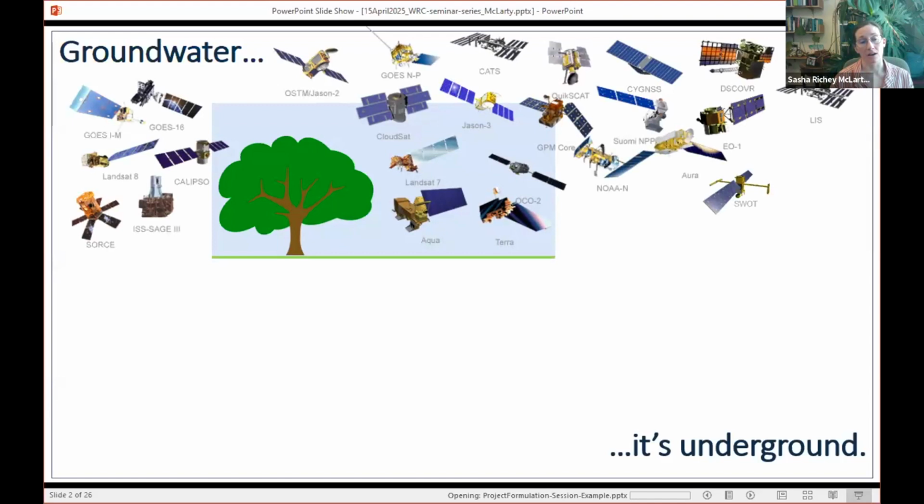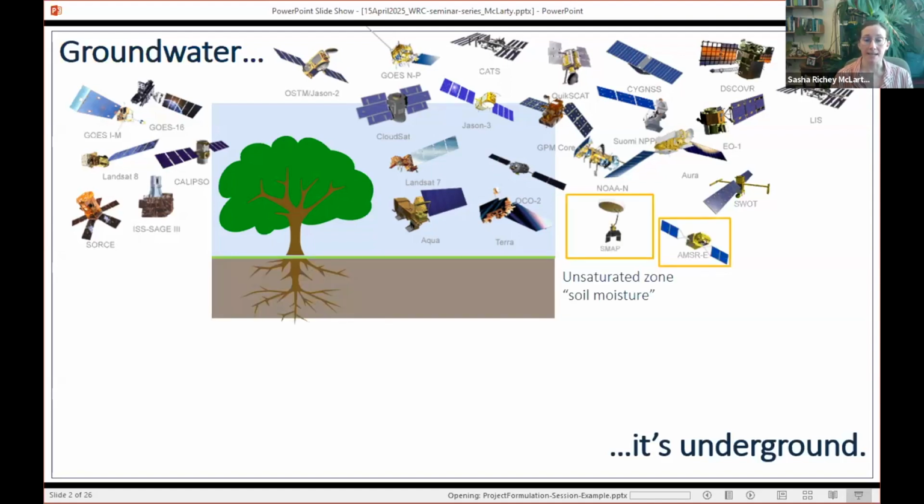Many of these are NASA satellite missions, often in partnership with other agencies, either US agencies like USGS or international space agencies. And every single one of these satellites shown here is detecting something about the land surface or above.